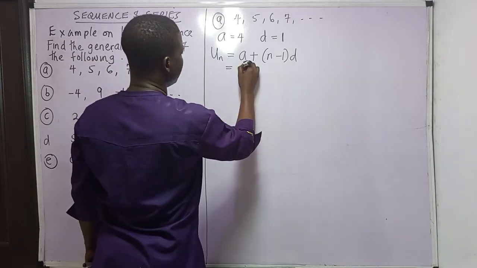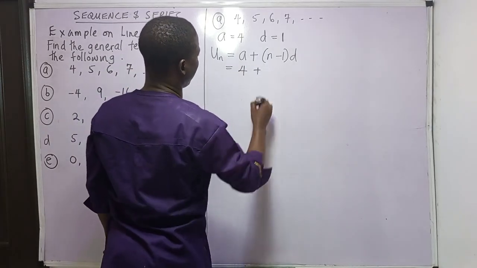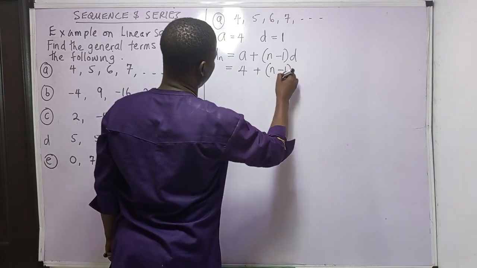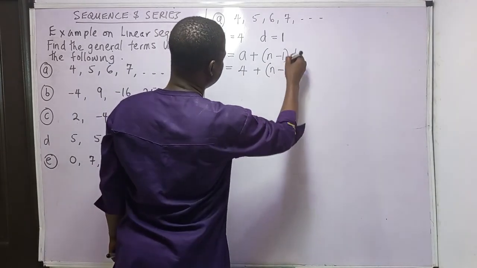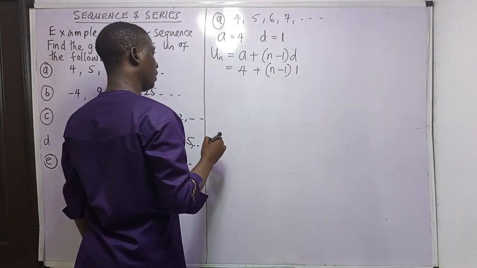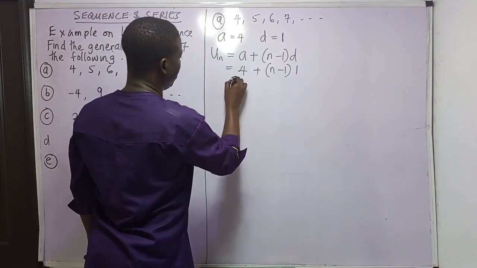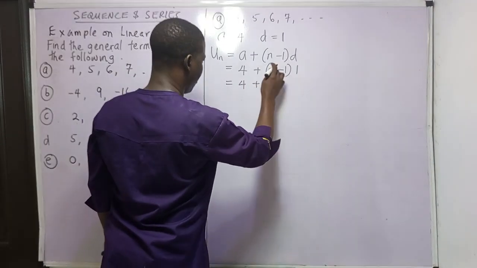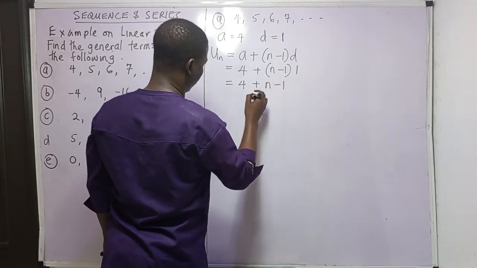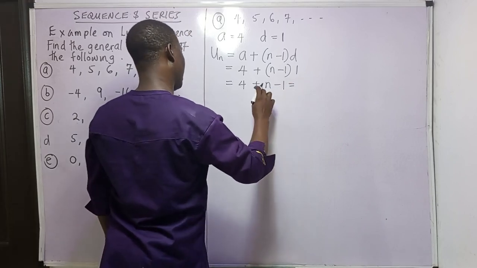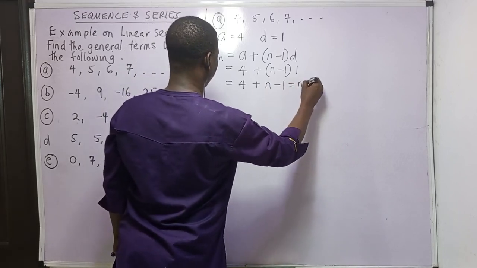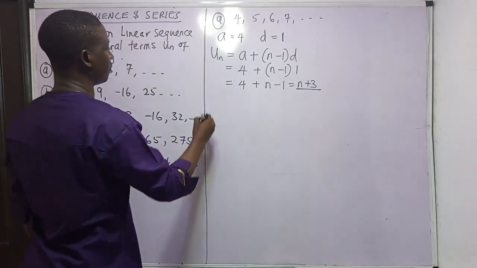We place a as 4, n is what we are looking for, and d is 1. So 4 plus 1 multiplied by n minus 1 will give us n minus 1. So 4 minus 1 is 3. Then we have n plus 3 as the first answer.